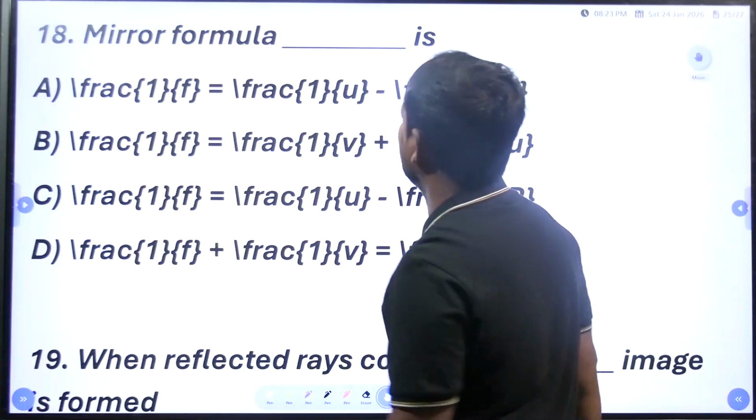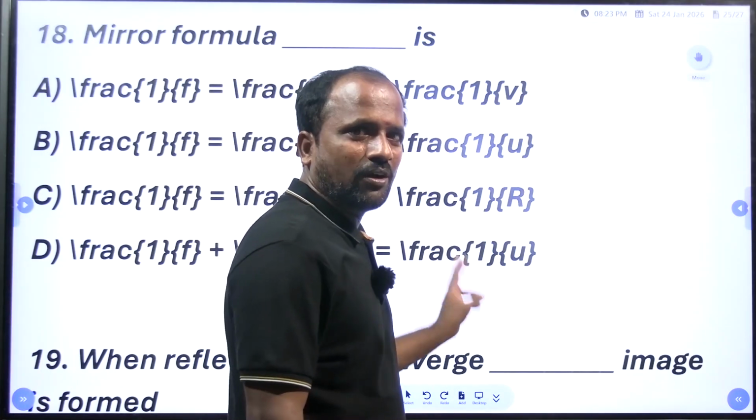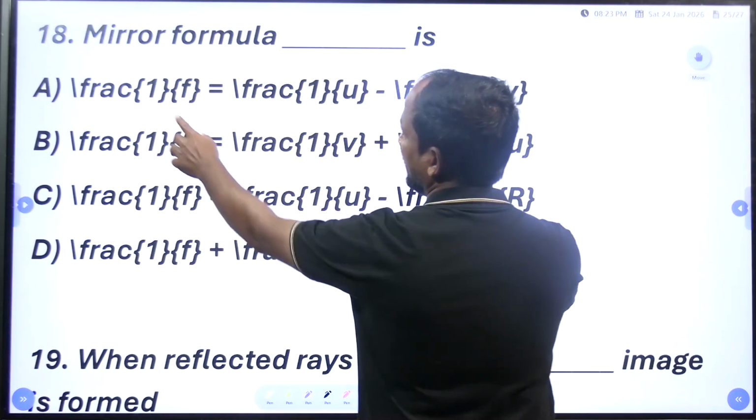Okay, mirror formula. The options are given differently, so I will write the options first.